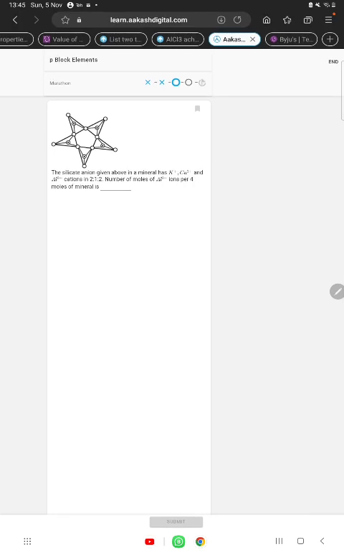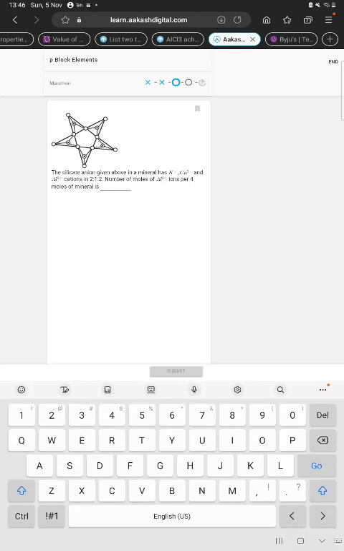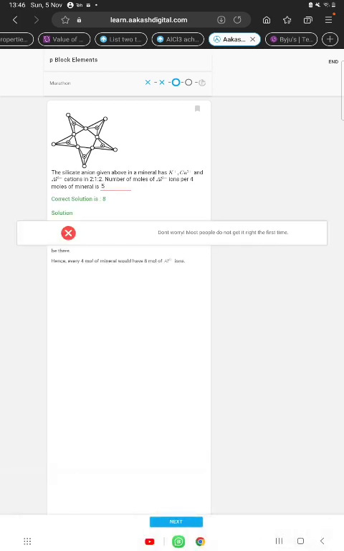The silicate anion given above is a mineral with K+, Ca2+ and Al3+ cations. The charge on the silicate ion is 10 minus. Per mole of mineral, 2 moles of K+, 1 mole of Ca2+ and 2 moles of Al3+ will be there.